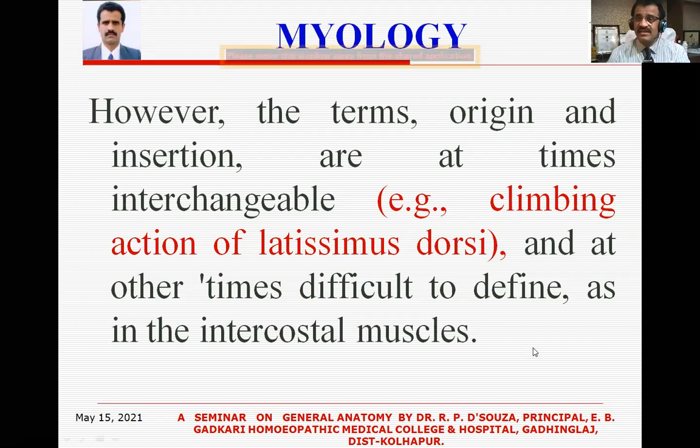So this muscle will show you this exception. And at other times it is difficult to define, as in the case of intercostal muscles. So in intercostal muscles, you cannot explain which is origin and which is insertion. So these are the exceptions as far as the origin and insertions are concerned.